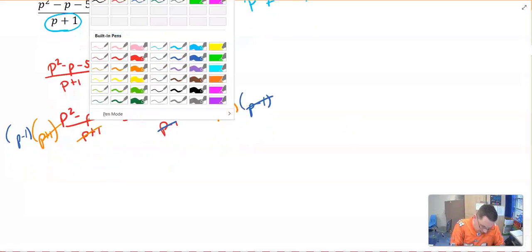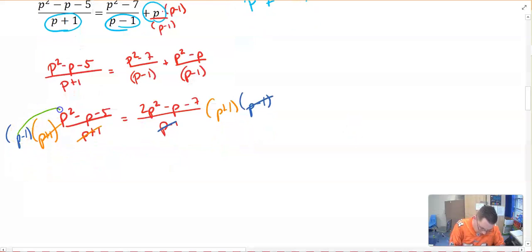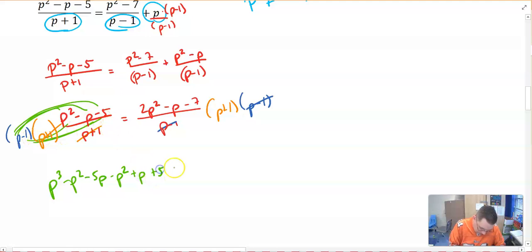And remember that when we do this, all of this has to distribute here, and all of this has to distribute in as well. So we're going to get p to the third minus p squared minus 5p minus p squared plus p plus 5. That will be equal to us doing it on this side as well.